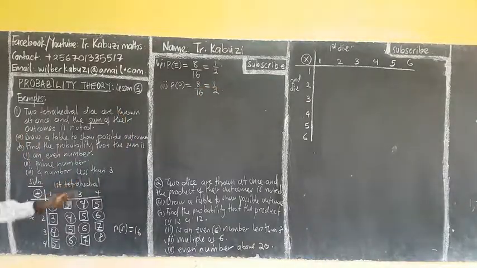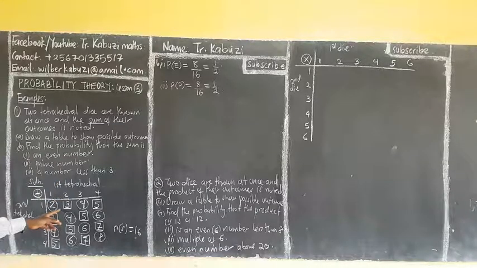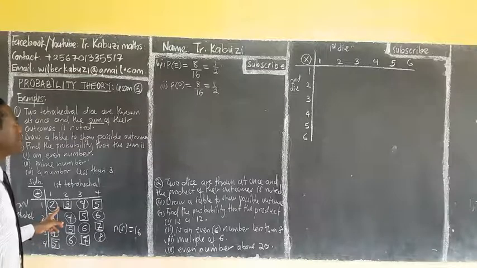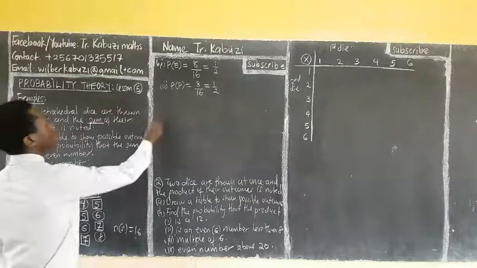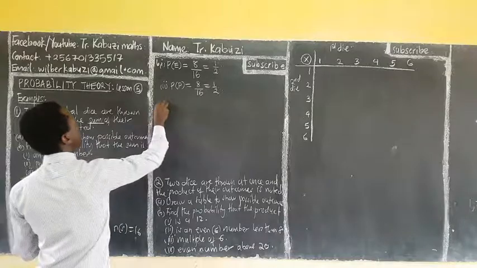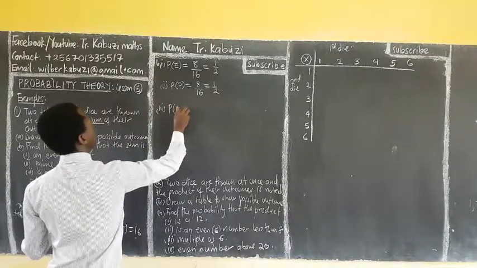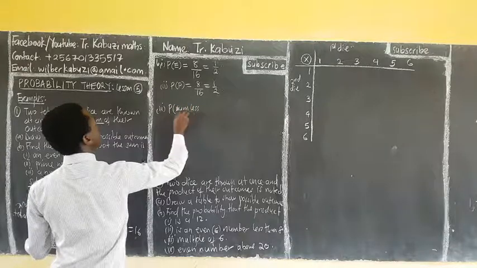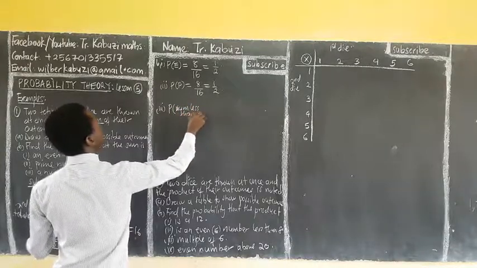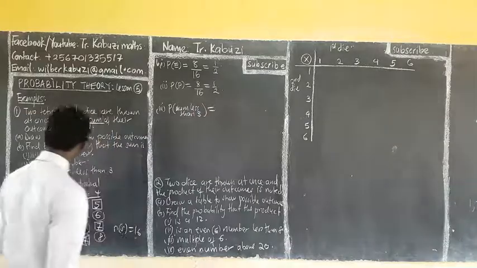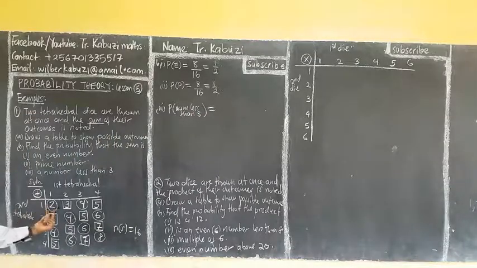A number less than 3. If a number is less than 3, the only number which is less than 3 is a 2. So Roman numeral 3, probability that the sum is less than 3. You see the only sum less than 3 is this one, which is 2.